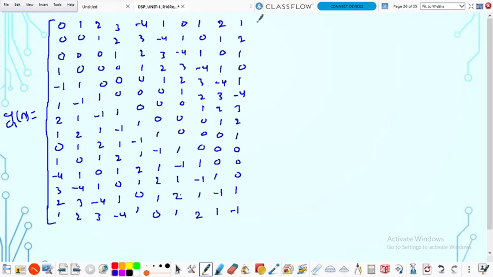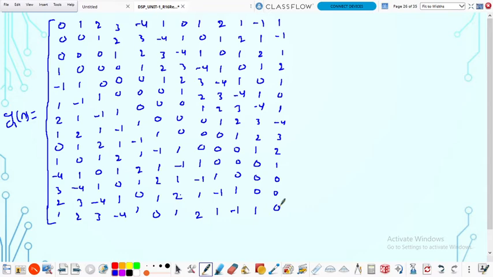Again rotating, we get minus 1, 1, 2, 1, 0, 1, minus 4, 3, 2, 1, 0, 0, 0, 1. Again rotating, we get 1, minus 1, 1, 2, 1, 0, 1, minus 4, 3, 2, 1, 0, 0, 0.